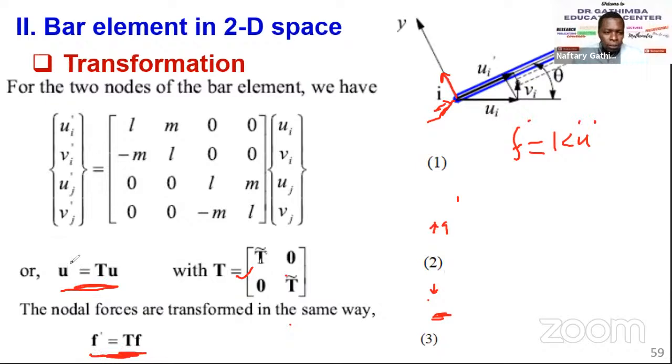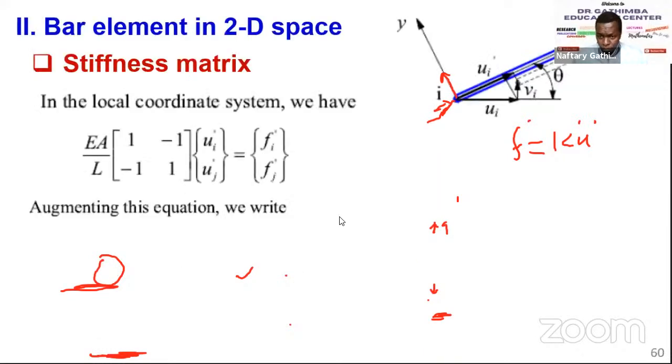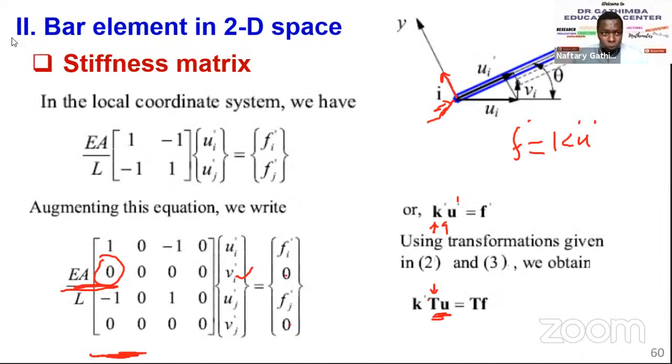In the coordinate system, U prime, the displacement, is just the pre-multiplication of the global displacement with the transformation matrix. That's what we are doing in this slide here. So we are pre-multiplying like that, and then what you just need to do is to work out this.